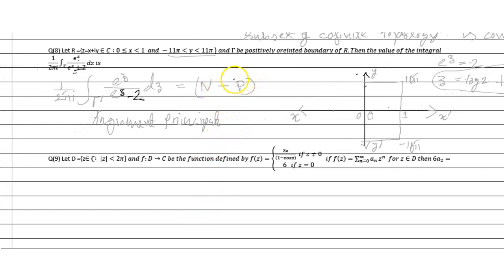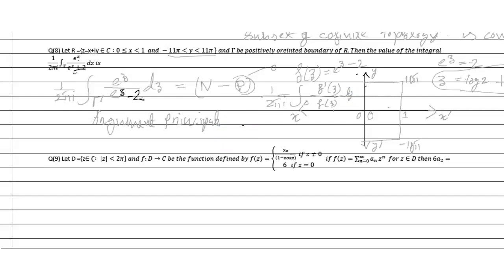I can't get poles, the number of poles is 0, because if the function is f(z) equals e to the power z minus 2, this can be written this way: f dash z divided by f z dz. So, argument principle wise, the number of poles is 0.